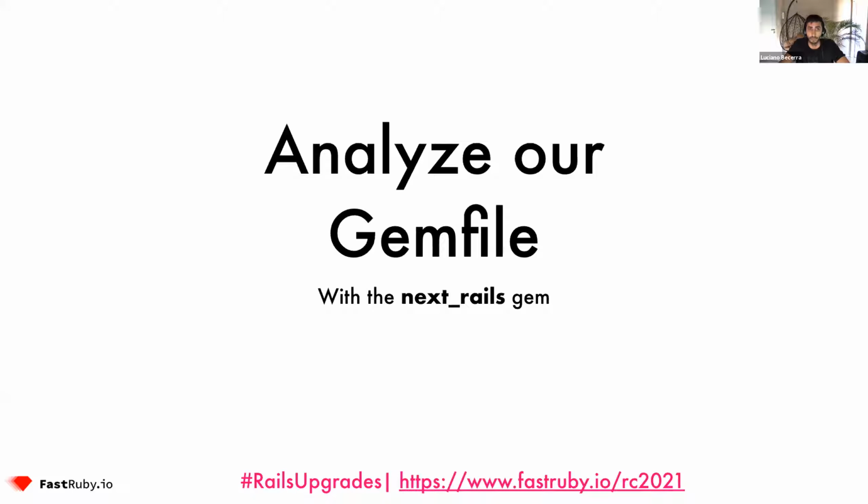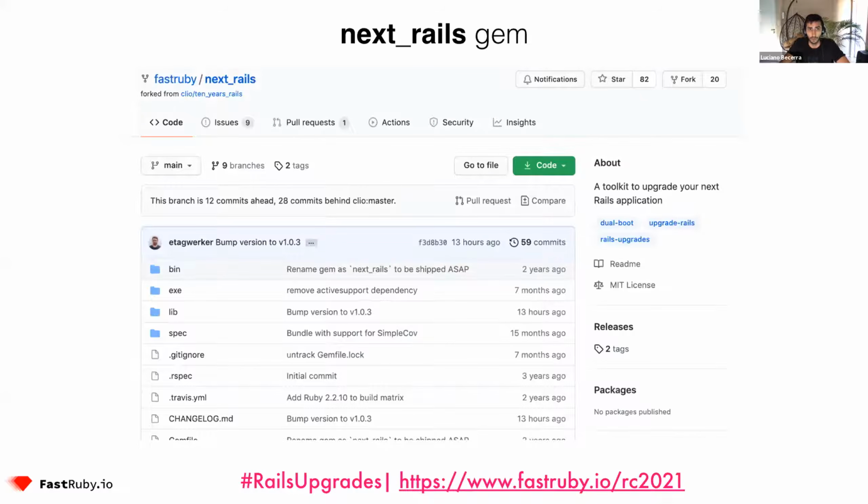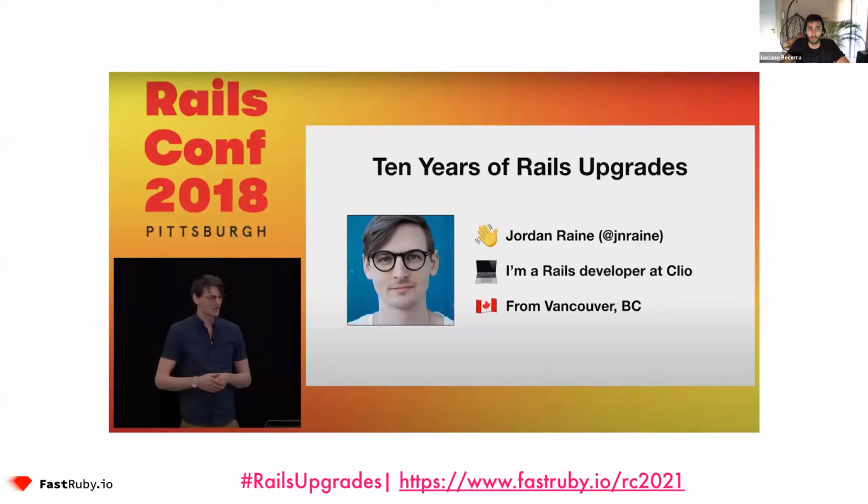There are a few ways to do that, but the one that gives you the most precise information is by using the next_rails gem. This is a gem that we maintain at FastRuby.io, and it's a fork of the 10 Years of Rails gem that was created by Jordan for the talk that he did at RailsConf 2018.